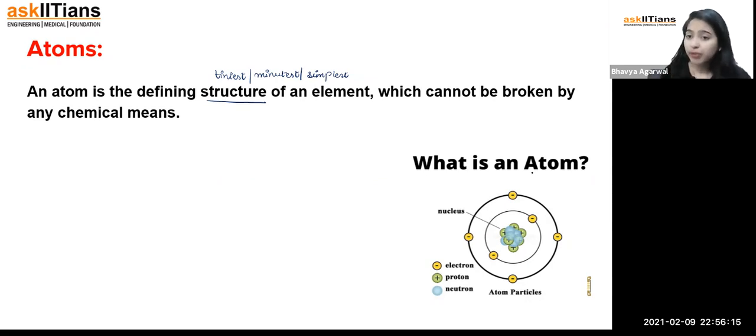So when I talk about an atom, what does it have? An atom, as we've discussed before, is the smallest independently existing state of a substance, but it doesn't mean that we cannot divide it further, as it is composed of subatomic particles, which are electrons, protons, and neutrons.